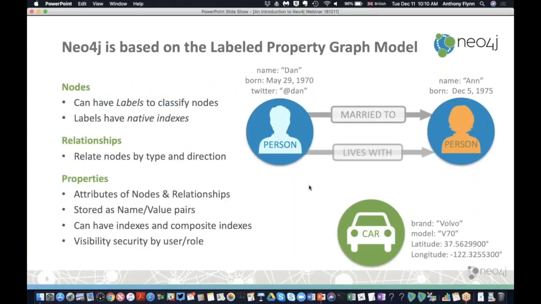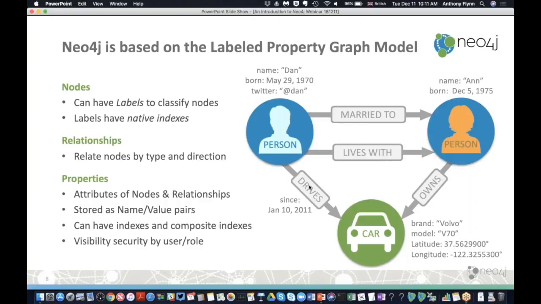Under the covers, Neo4j is based on what's called the labeled property graph model. So this is a model of graphs which essentially has two important components, and these are nodes and relationships. The nodes on this diagram are shown as circles, and the relationships are shown as arrows. So in this particular simple schema, we've got a person type and a car type.